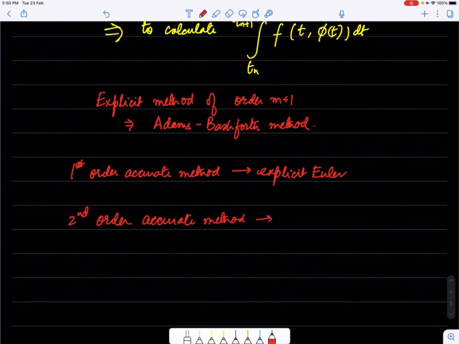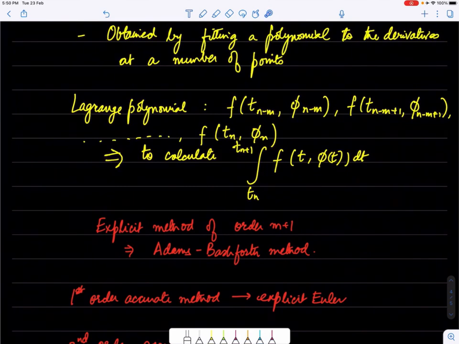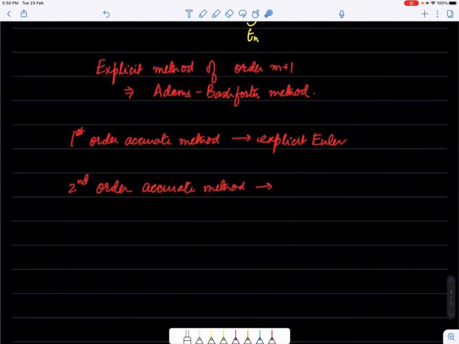would require us to calculate the derivative at 2 points. So I would say that would be f(tn, phi n) and f(tn minus 1, phi n minus 1). If you derive using a Lagrange polynomial, which is quite easy to do, although I'm skipping it here, you can work this out easily.